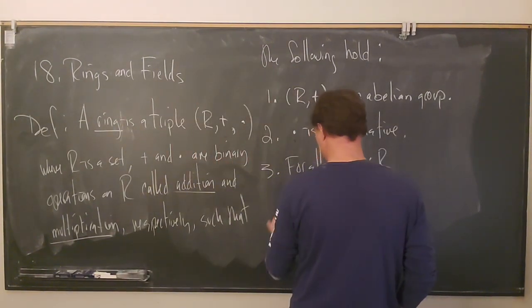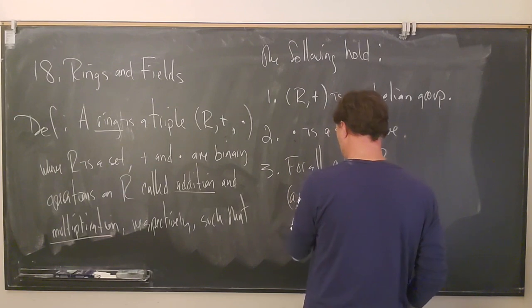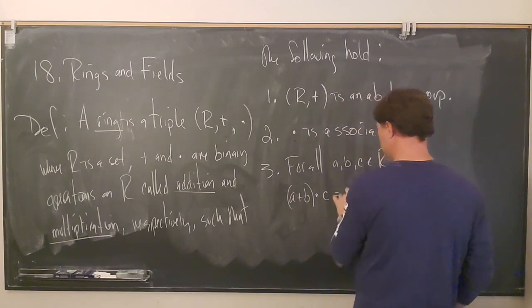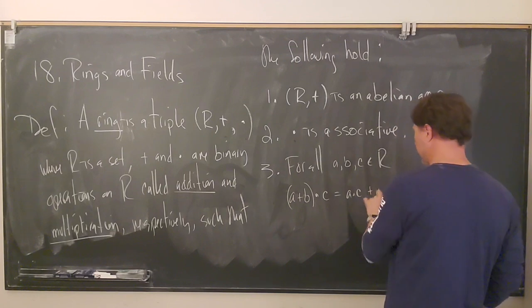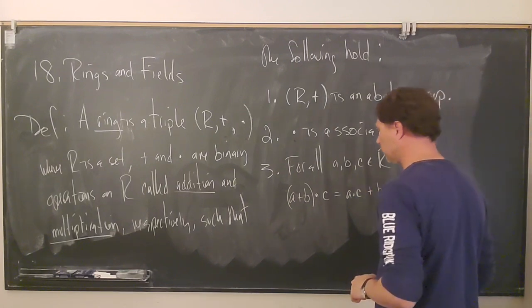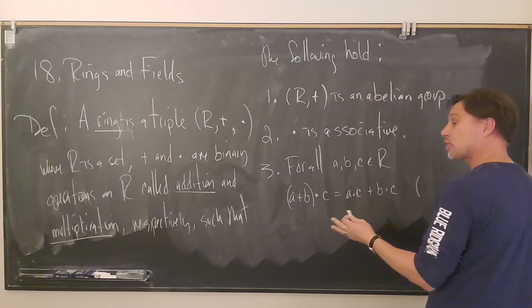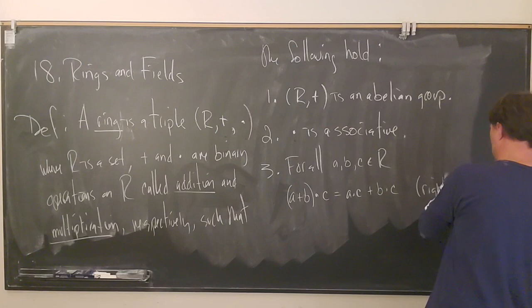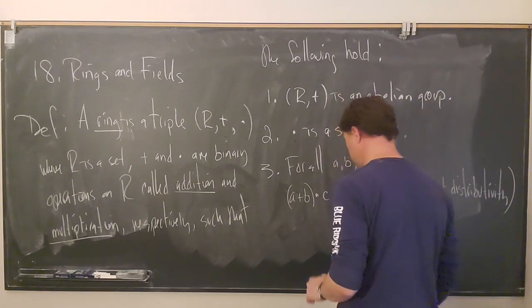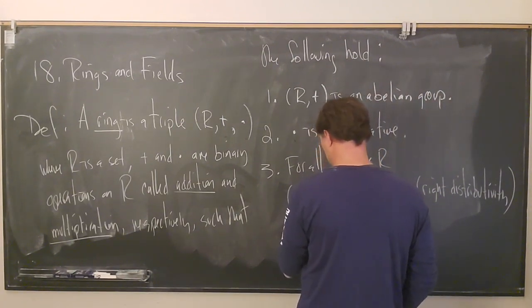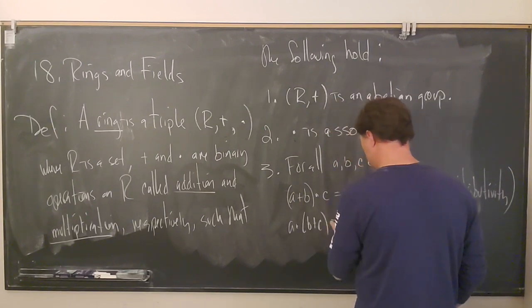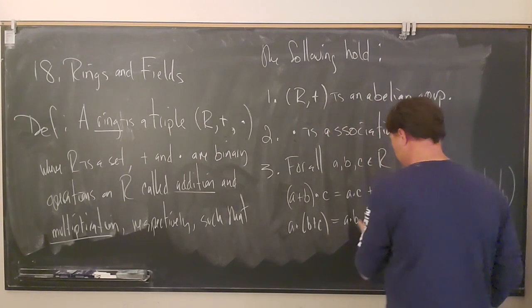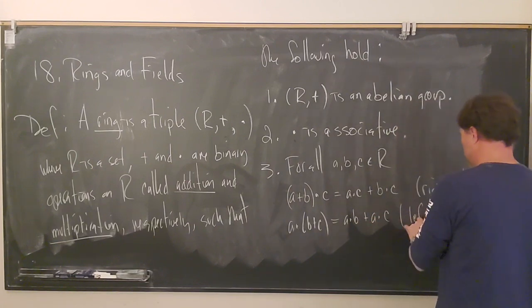The first one: A plus B dot C is equal to A dot C plus B dot C. This is called right distributivity. And there's also left distributivity. That would be A dot B plus C is equal to A dot B plus A dot C. So that's the left distributive property.